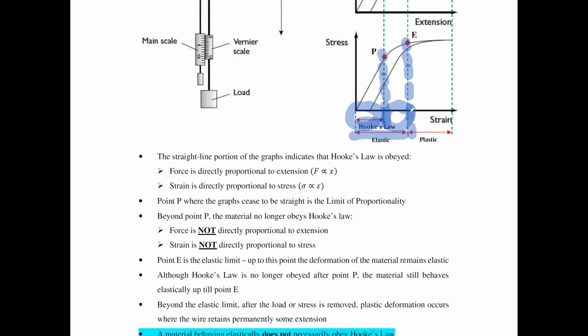Some part of it is where Hooke's law is no longer obeyed. Okay, so although Hooke's law is no longer obeyed after point P, the material is still behaving elastically up to point E. All right, so don't get the idea that just because something is no longer obeying Hooke's law, therefore it must be plastic deformation. No, something that does not obey Hooke's law can still behave elastically.